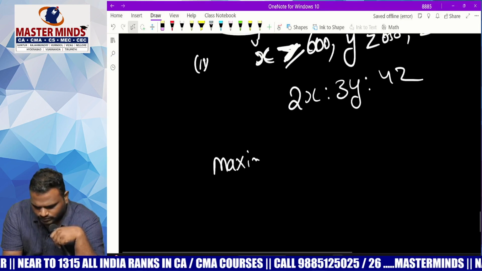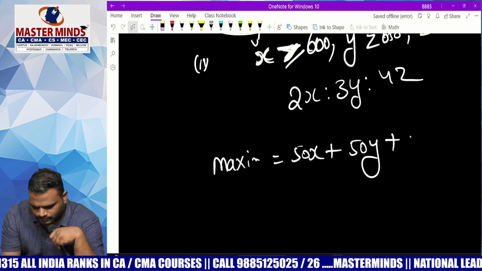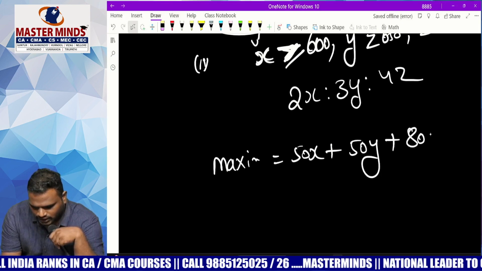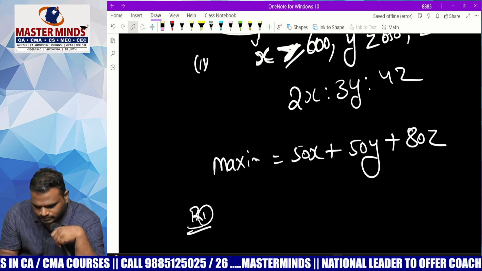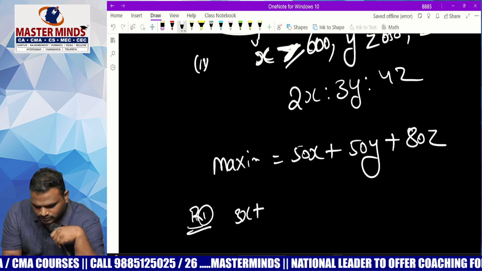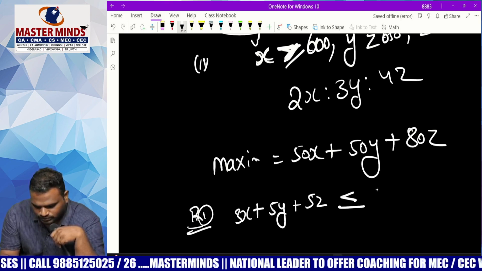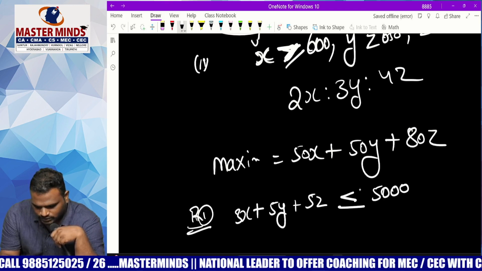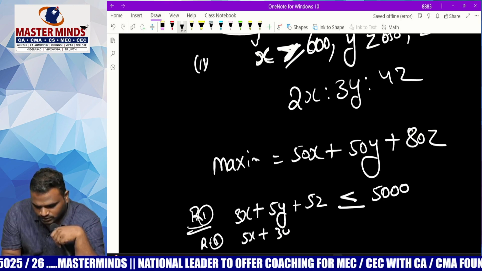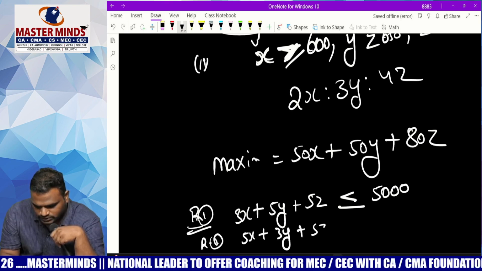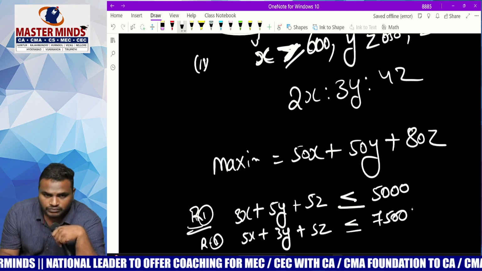Maximization of profit 50x + 50y + 80z. Now raw material constraint equation 1: 3x + 4y + 5z less than or equal to 5000. Raw material 2: 5x + 3y + 5z less than or equal to 7500.